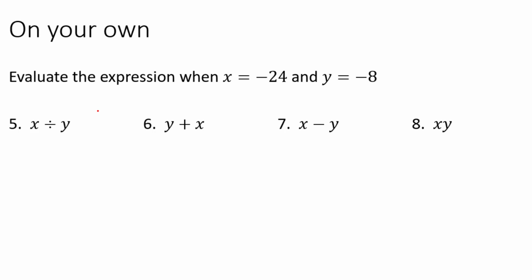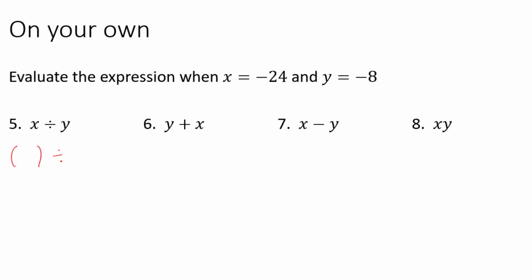So try these on your own. Evaluate the expression when x equals negative 24 and y equals negative 8. I'll pause the video and then we'll work them out together. Okay, let's begin.